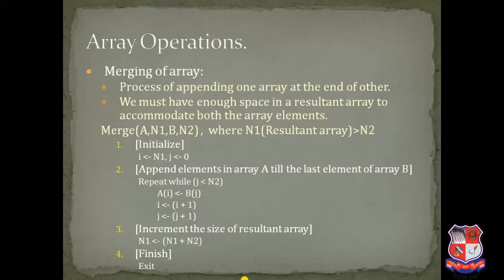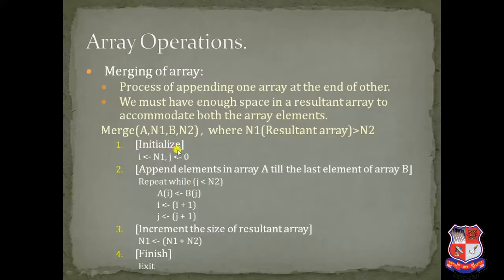Here is the algorithm for that. Merge A, array 1, size of array 1, B, second array, size of second array. Here n1 is the resultant array in which we are going to append the second array, and n1 must be greater than n2. Rather, it should be n1 equals n1 plus n2.